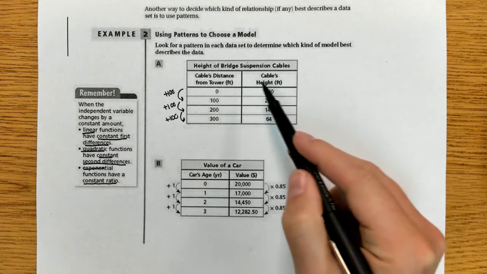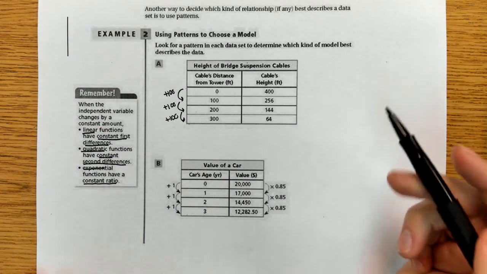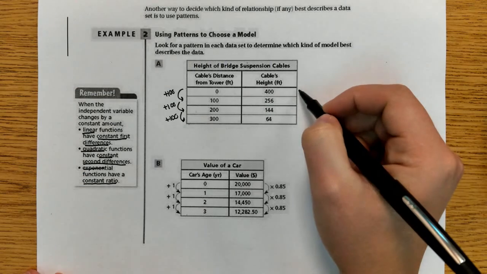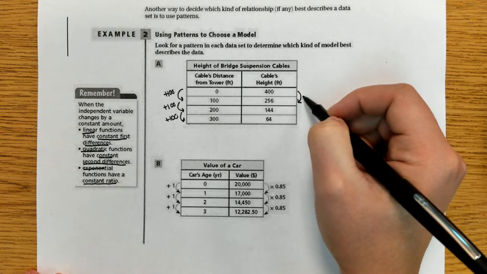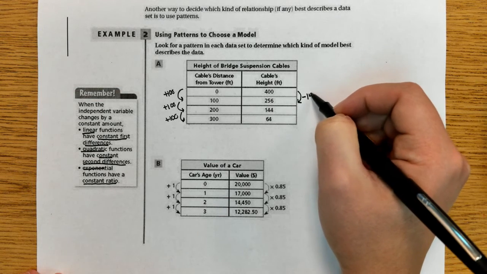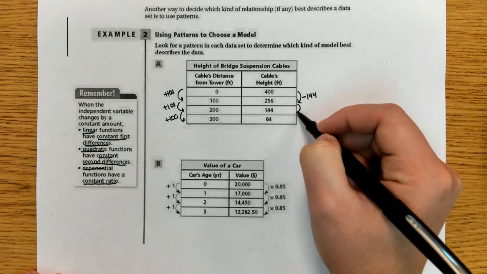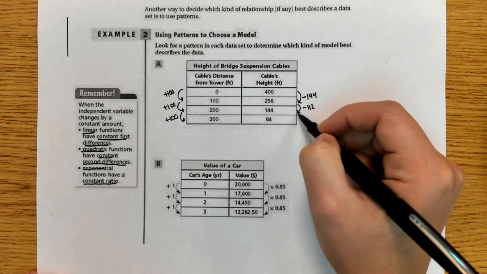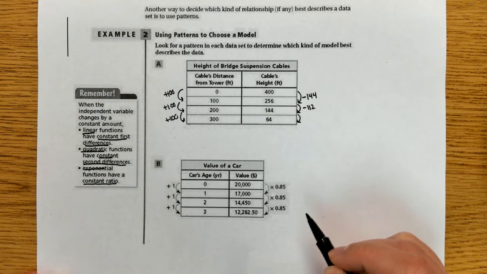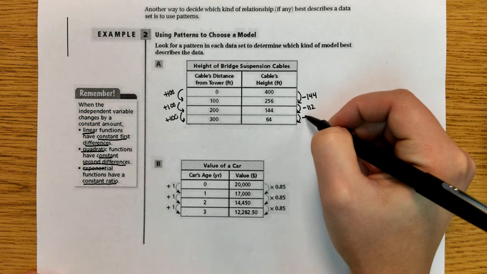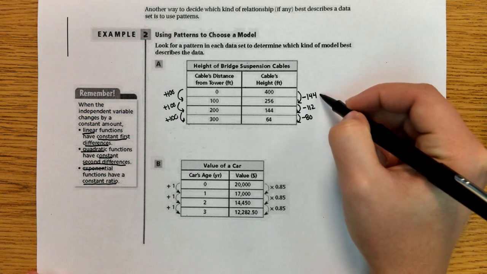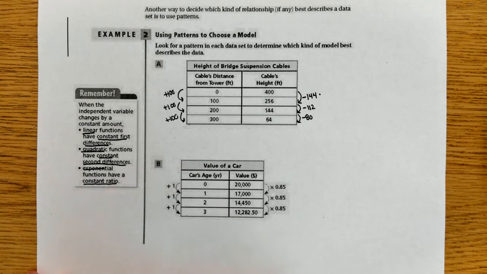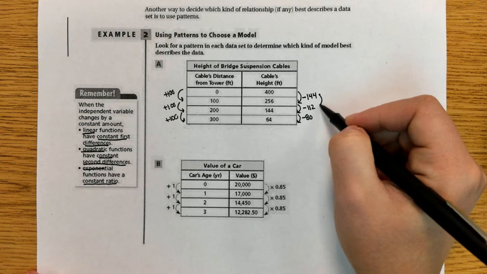So let's see if I have a constant rate of change over here. So going from 400 to 256, I need to subtract 144. From 256 to 144, I subtract 112. From 144 to 64, I subtract 80. And then my first difference didn't work, so it's not linear. So let's see if there's a second difference.